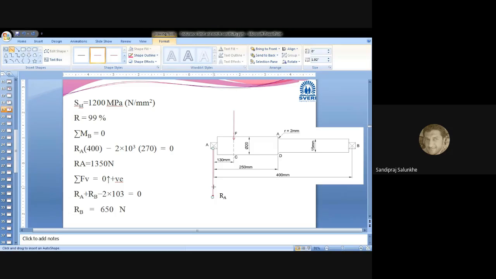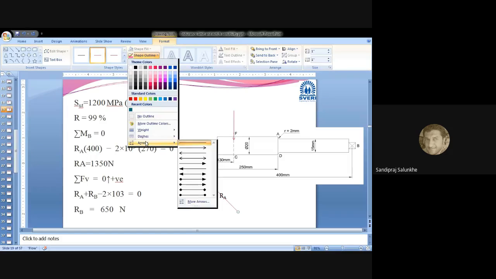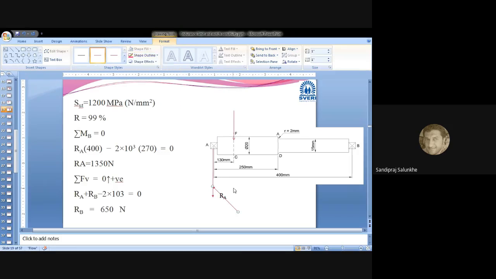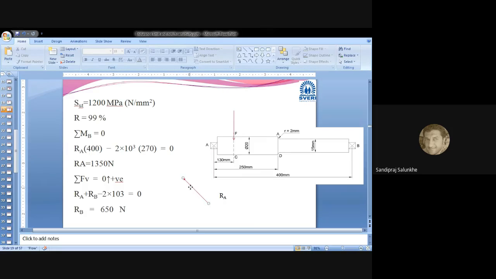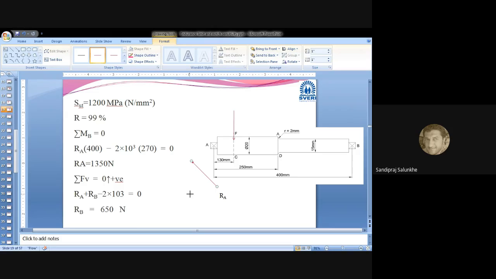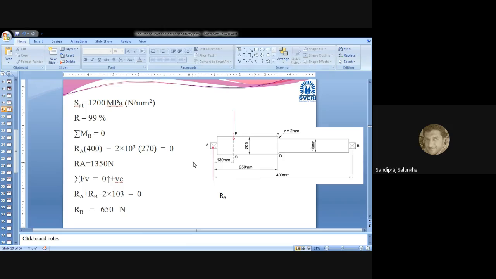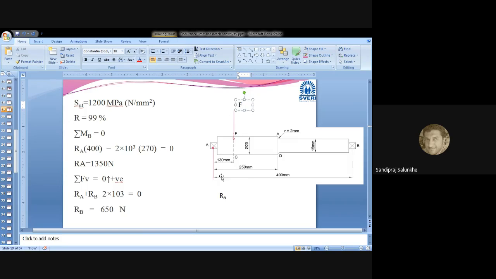The reaction we consider is in the opposite direction. So this is RA at point A. While calculating the bending moment, this is going to create a clockwise moment, and the externally applied force F, which is 2 kilonewton, is acting in downward direction.